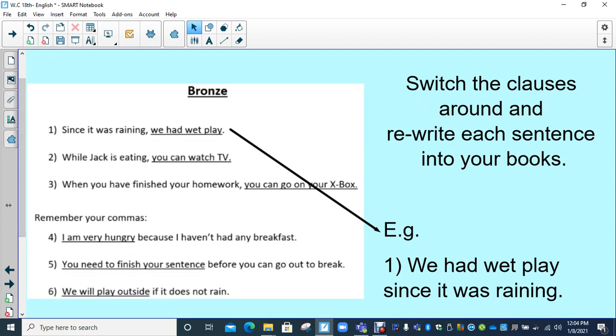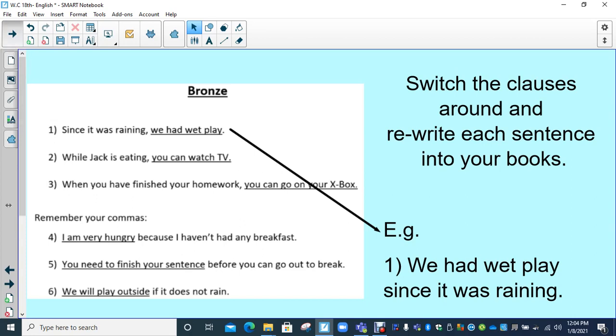So for example, since it was raining, we had wet play. Then you would change those clauses around and you would have we had wet play since it was raining. Or number 2, while Jack is eating, you can watch TV. You'd have to switch those two clauses around. And then remember, guys, that you need to use a comma.